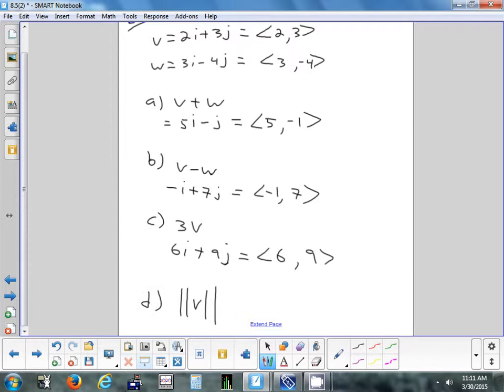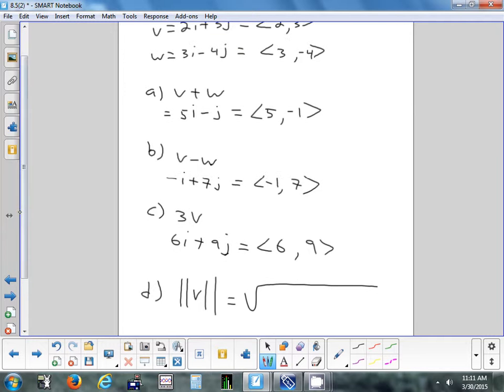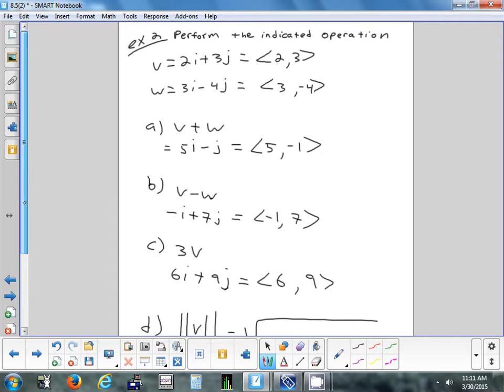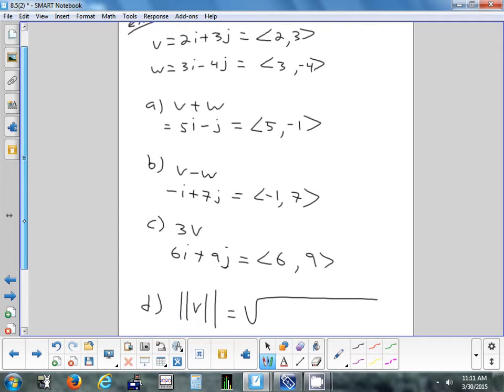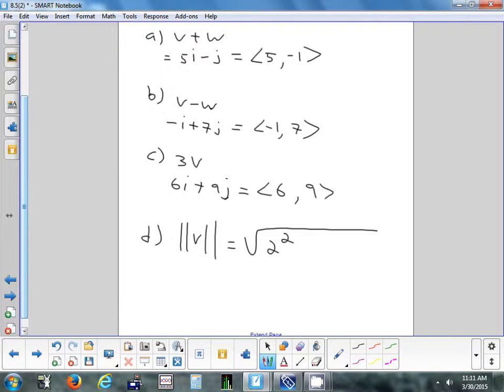Okay, and the last one, find the length, or find the magnitude. Okay, always starts out with a square root. And Victoria, what's going to go under the square root? 2 squared. Yeah, plus 3 squared.